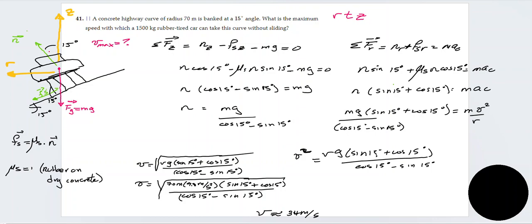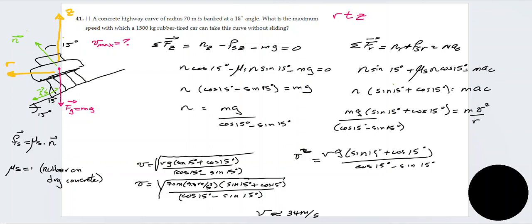Now, which are the forces acting here? We have the force of gravity, of course, which is equal to the product of the mass times the gravity. And we have a normal force, which is perpendicular to the surface of the road. We have also a force of static friction, which is parallel to the surface of the road. This normal force has components on the z-axis and on the r-axis.